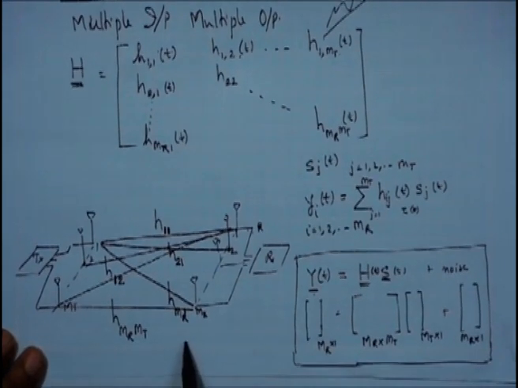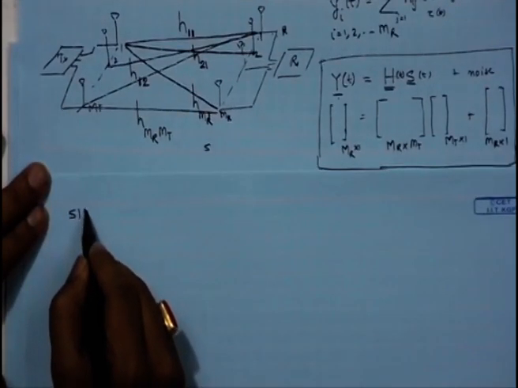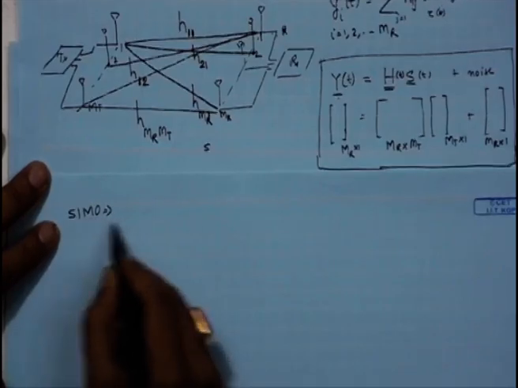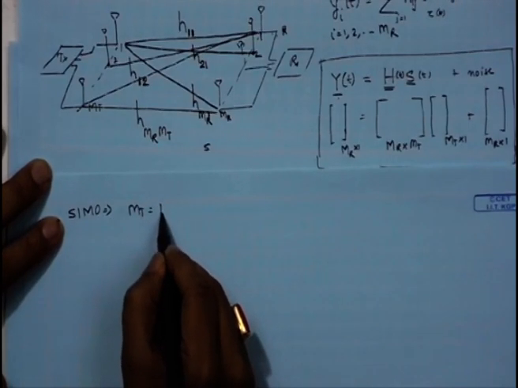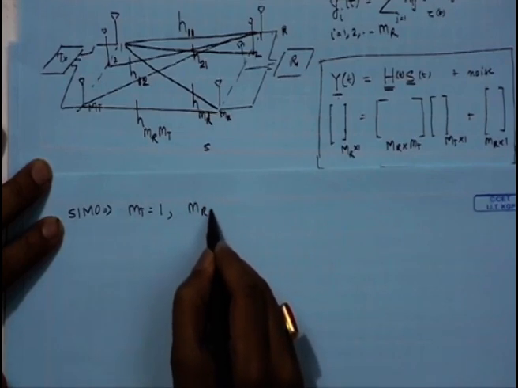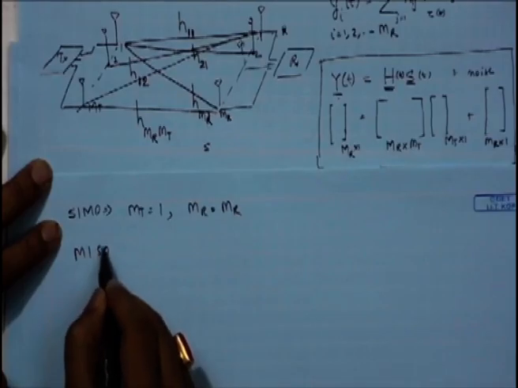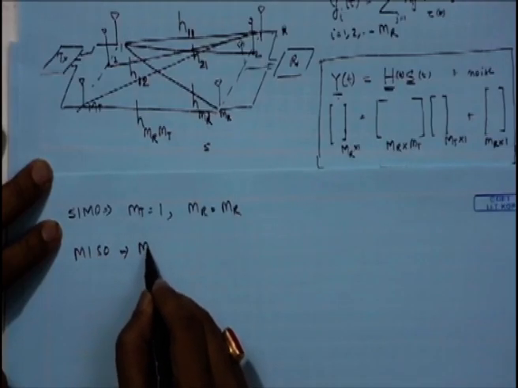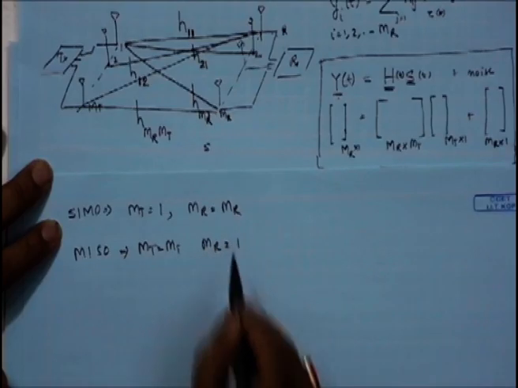In case of SIMO, single input multiple output, that means MT is equal to 1, MR is equal to MR. In case of a MISO system, you have MT equals MT and MR equals 1.